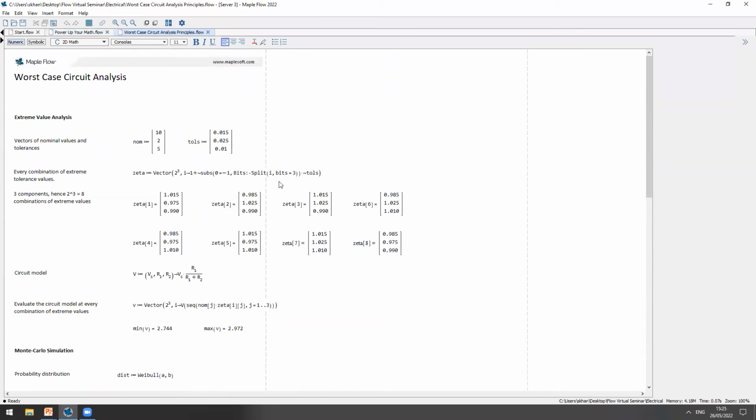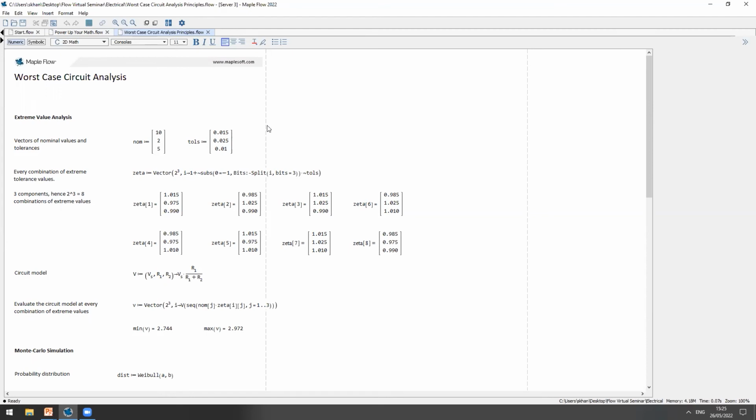So for extreme value analysis, I need to evaluate the operation of a circuit at its extreme tolerance values. So for a circuit with 3 components, I need 3 nominal values here and 3 symmetric tolerances here. We then have to generate every combination of extreme tolerance values.